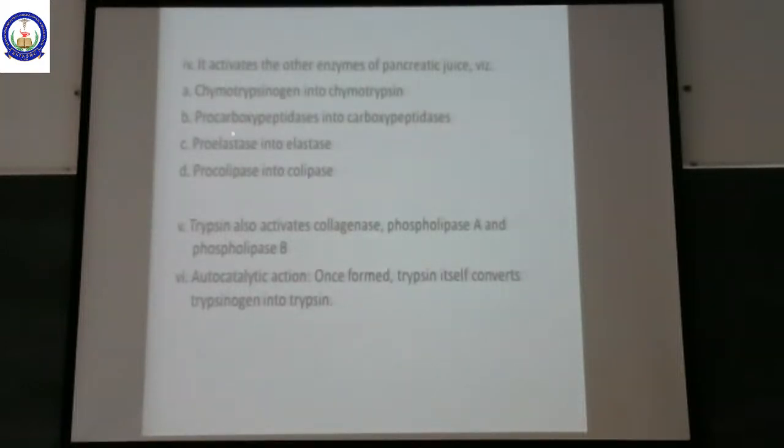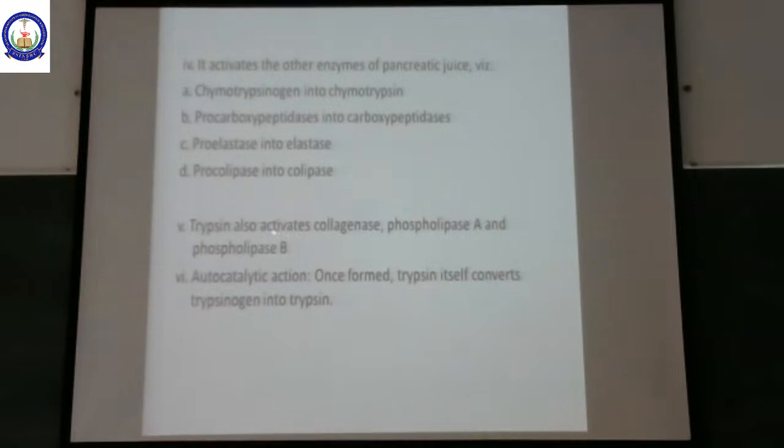Can you see? These are inactive enzymes. The other form, chymotrypsinogen, is converted into the active form, chymotrypsin. Like this, trypsin is going to convert all other inactive enzymes secreted from the pancreas into active enzymes.